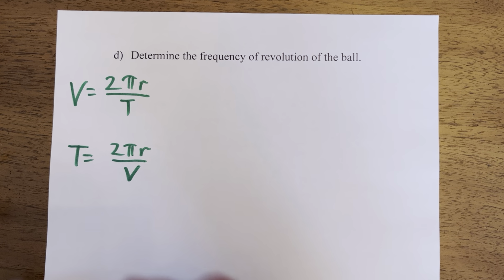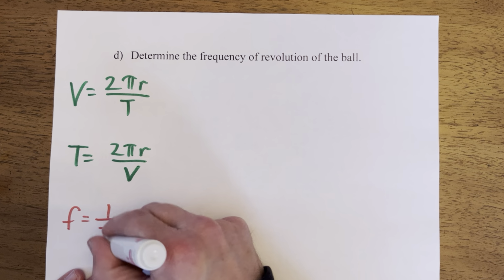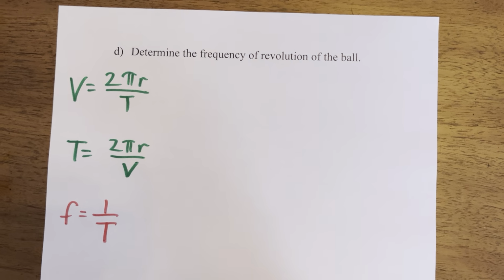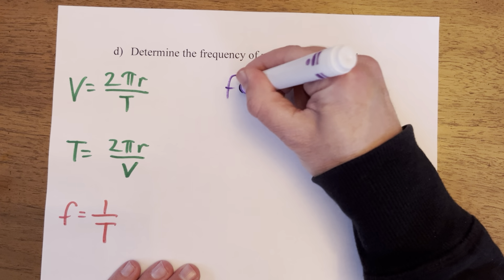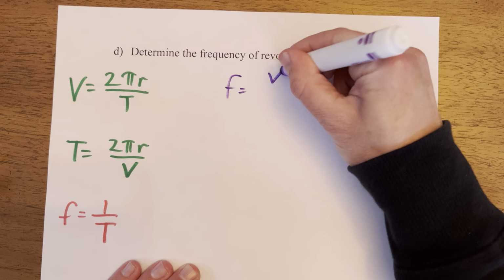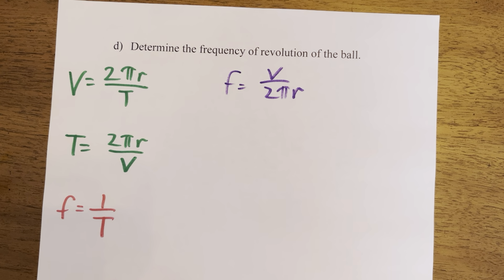Now remember that we want the frequency though, and frequency is equal to 1 over the period. So I simply need to flip my fraction right here. And so since I'm 1 over the period, my frequency now is going to be equal to v over 2 pi r. And now I've just got to plug in the things that I had before.